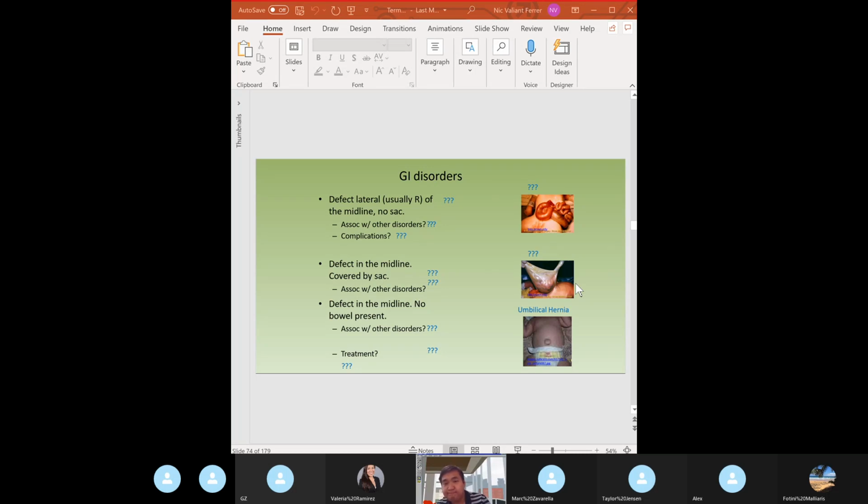Associated with what? Trisomy 13 and 18. 13 and 18. Signs and symptoms of 18? Your Edwards. Low-set ears, rocker-bottom feet. Clenched fist. They love that one. How about 13? Patau.